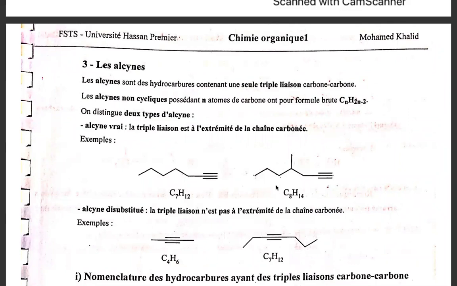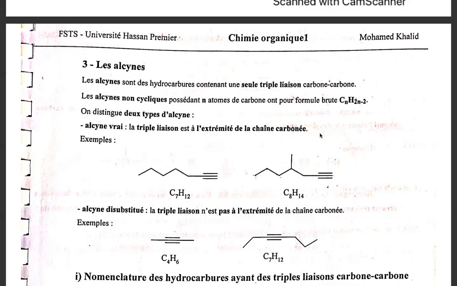Same applies to this one: 1, 2, 3, 4, 5, 6, 7. And what's 7 times 2? 14. Minus 2? 12. Exactly. So C7H12. This is the formula here.